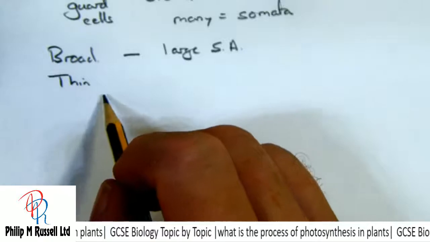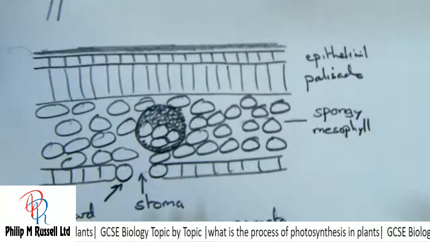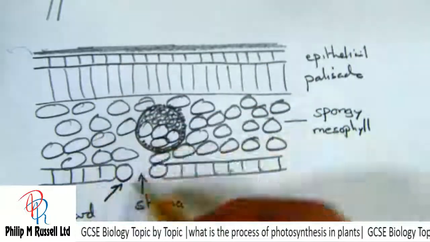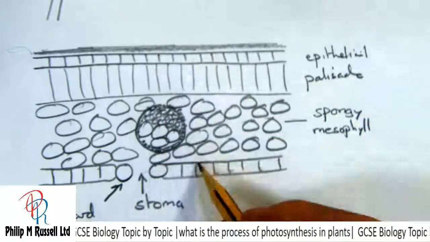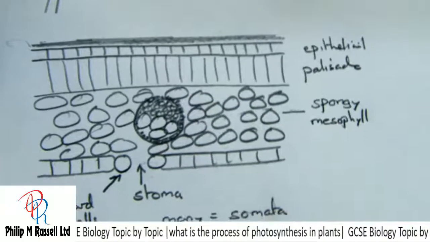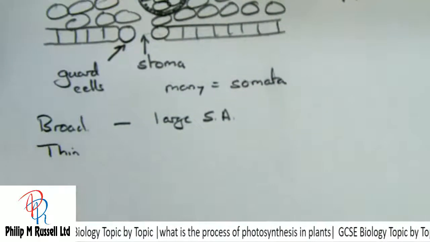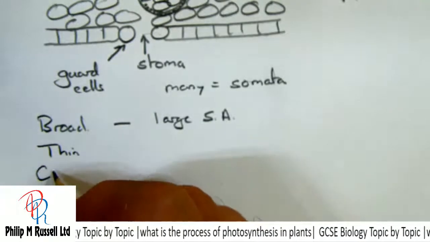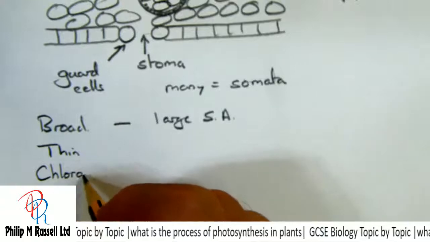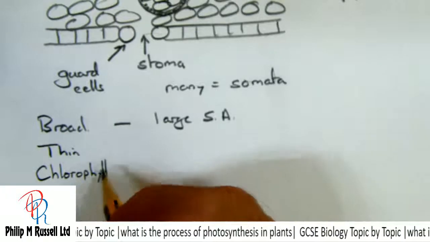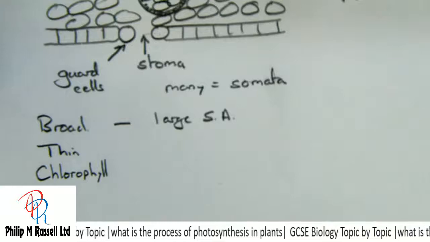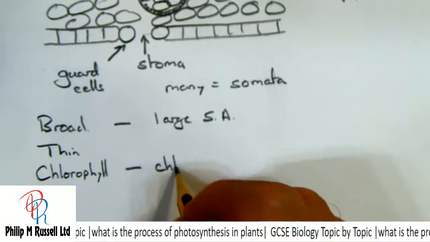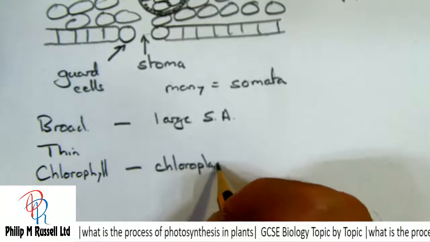They're thin so that the gas can diffuse across them, and this is quite a thin layer. I've expanded this quite a lot to show you what's in there. Well, these cells also contain the chemical chlorophyll, and this chlorophyll is contained in little containers called chloroplasts.